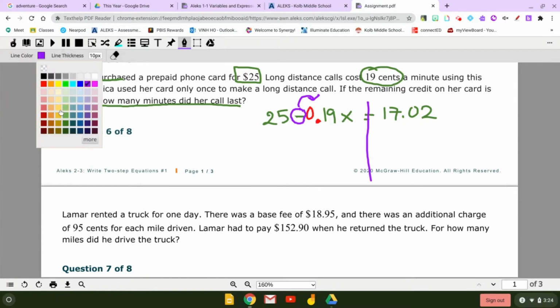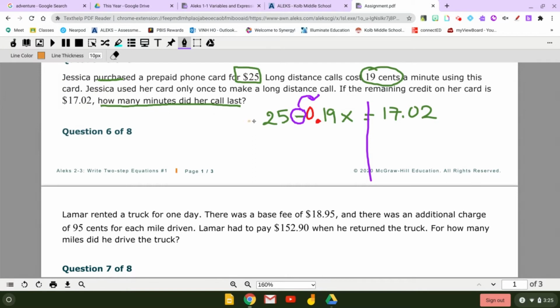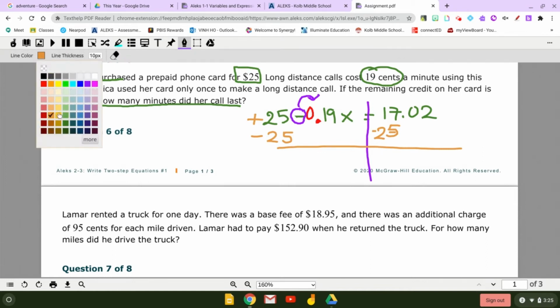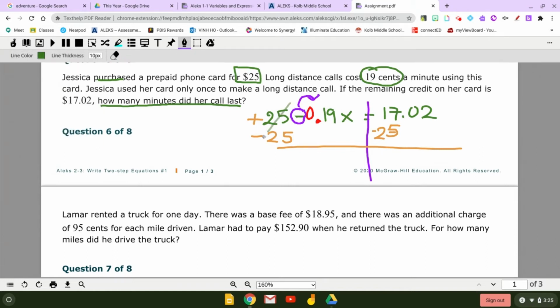The sign of 25 is positive, so we have to subtract 25 on both sides. Positive 25 take away 25 gives me 0. Cross that out. Left over on this side is negative 0.19x.